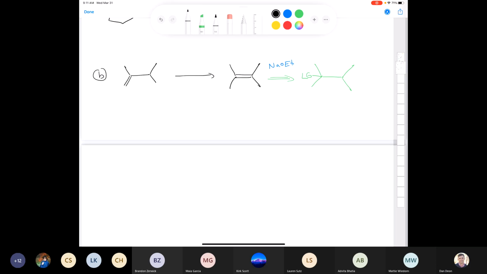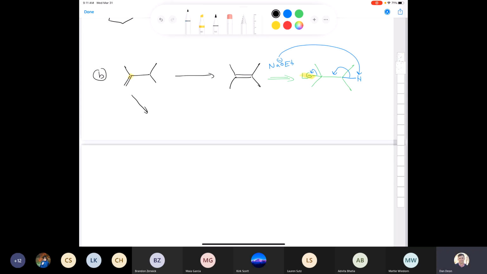If I had a good leaving group here, then all I would have to do is treat it with something like sodium ethoxide, which would remove the most hindered proton, which would give me this alkene. And so the question just becomes, how do I put a leaving group at this carbon that I'm highlighting in yellow?